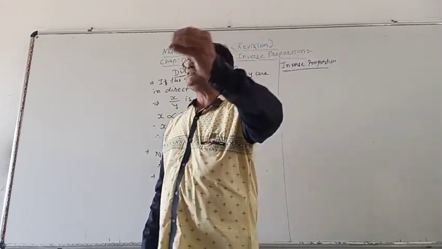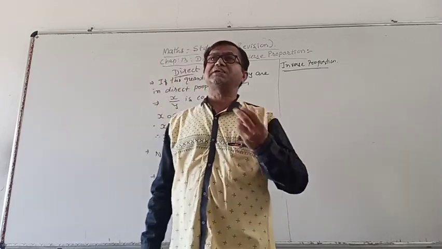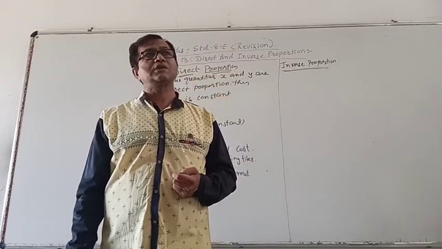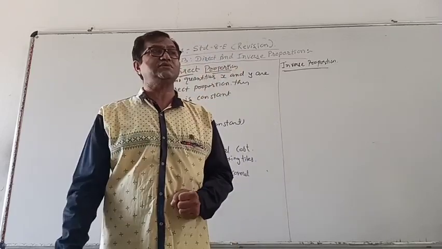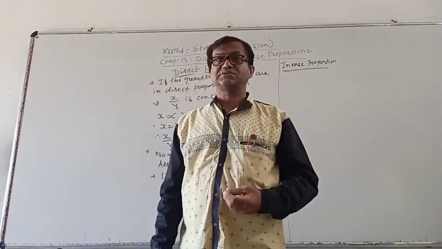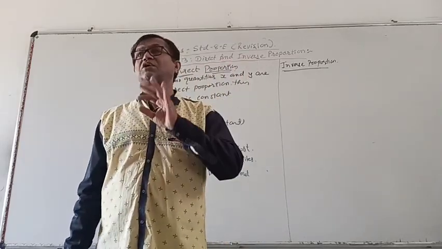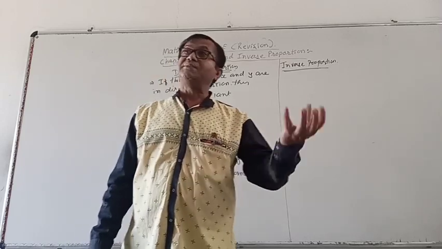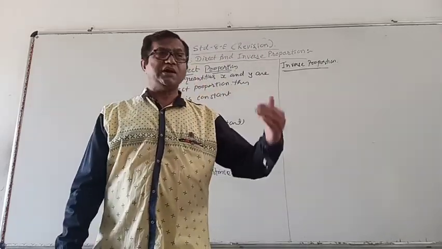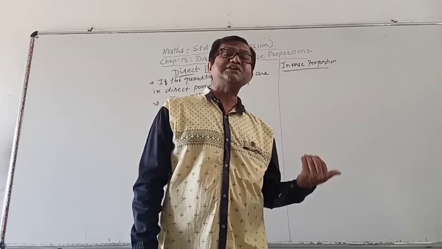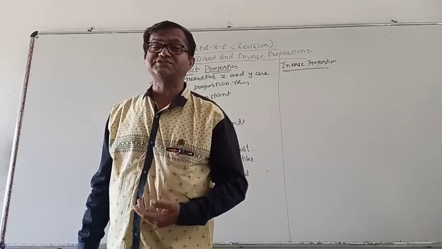But if there are very few children, only 25, then they will get more chocolates. 25 times 4 is 100. So each one will get 4 chocolates. If there are only 10 children, each will get 10 chocolates.